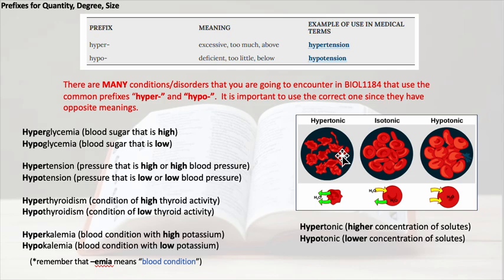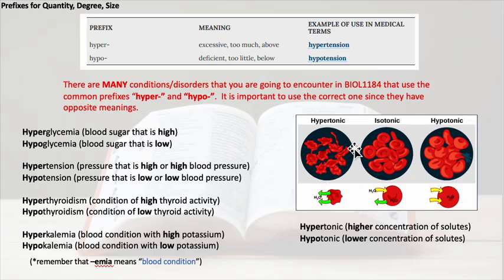If a cell, such as a red blood cell, for example, is placed in a hypertonic solution, according to the laws of osmosis, water will follow solute, or water will follow wherever there is more solute or higher solute concentration.